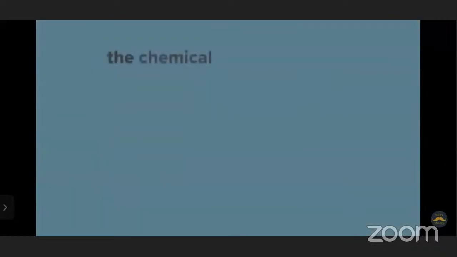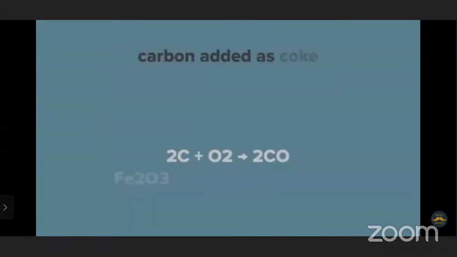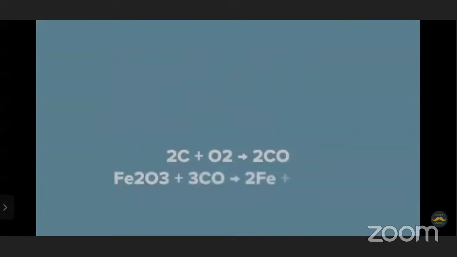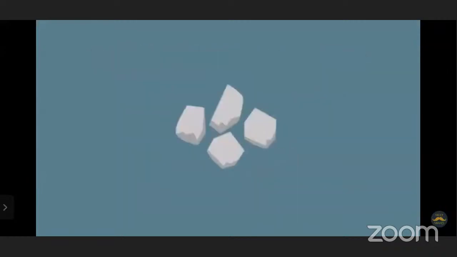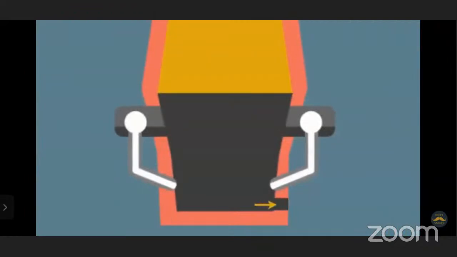This is high enough to cause the chemical reduction of the iron oxide from the sinter, carbon added as coke and oxygen from the hot air blast into molten iron and carbon dioxide. The lime combines with the impurities to form a liquid called slag, which floats on the iron. The liquid iron collects in the bottom of the blast furnace, where it is drawn off, and the slag is skimmed off and used in other industries, like cement manufacture.